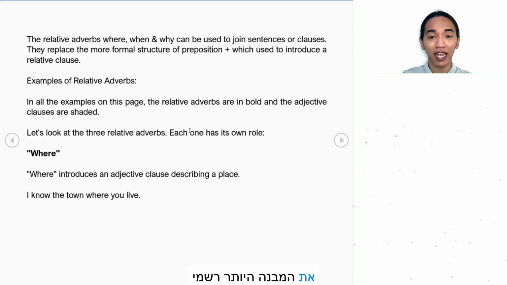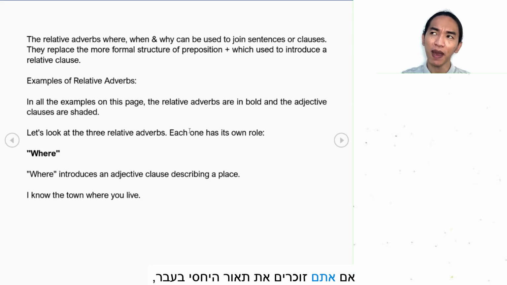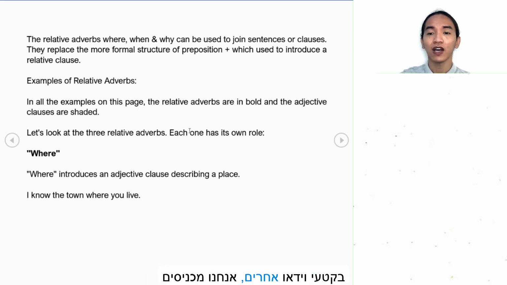They replace the more formal structure of preposition plus which used to introduce a relative clause. If we remember the relative clause from other videos, we put it in a more formal structure. Now your relative adverbs could replace that structure. In all the examples on this page, the relative adverbs are in bold and the adjective clauses are shaded. Let's take a look at that.